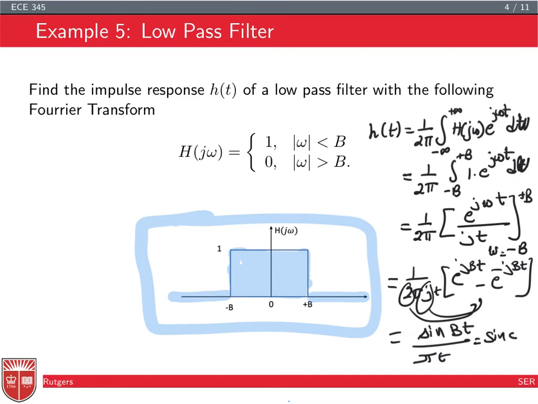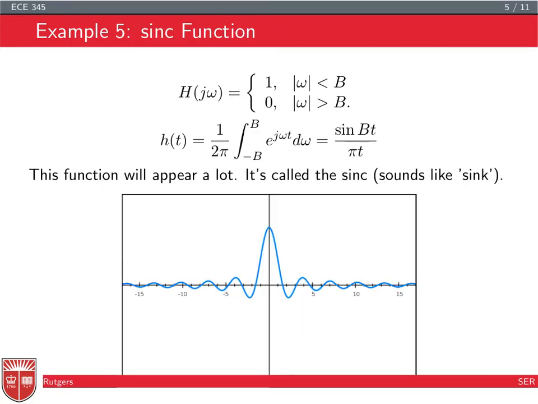So this tells you what the impulse response of a low-pass filter looks like in the time domain. I'm going to go through it in more detail in a little bit. This slide summarizes the result from before. This is the CTFT of a low-pass filter that lets only frequencies less than b, the bandwidth limit, go through.